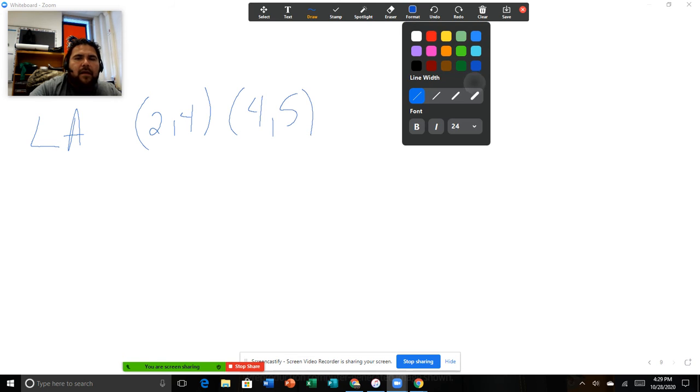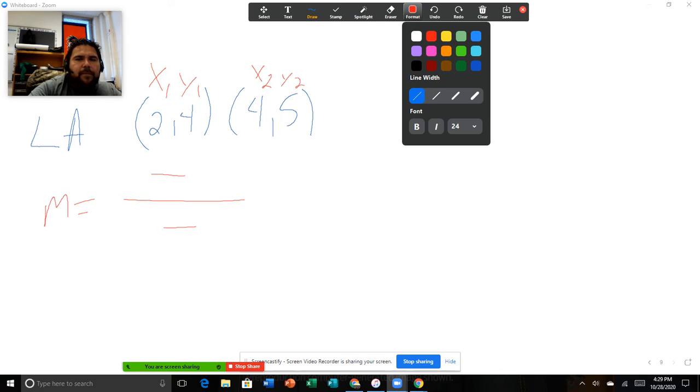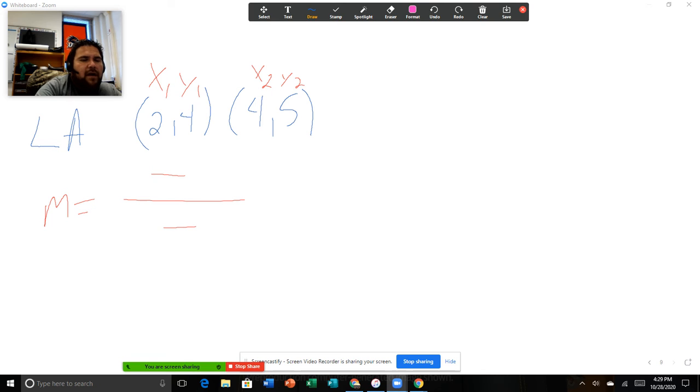We label x1, y1, x2, y2, and we use our slope formula. Make sure you put your minus symbols in between. y2 minus y1, 5 minus 4, over x2 minus x1, 4 minus 2. 5 minus 4 is 1, 4 minus 2 is 2. So the slope of line A is 1/2.